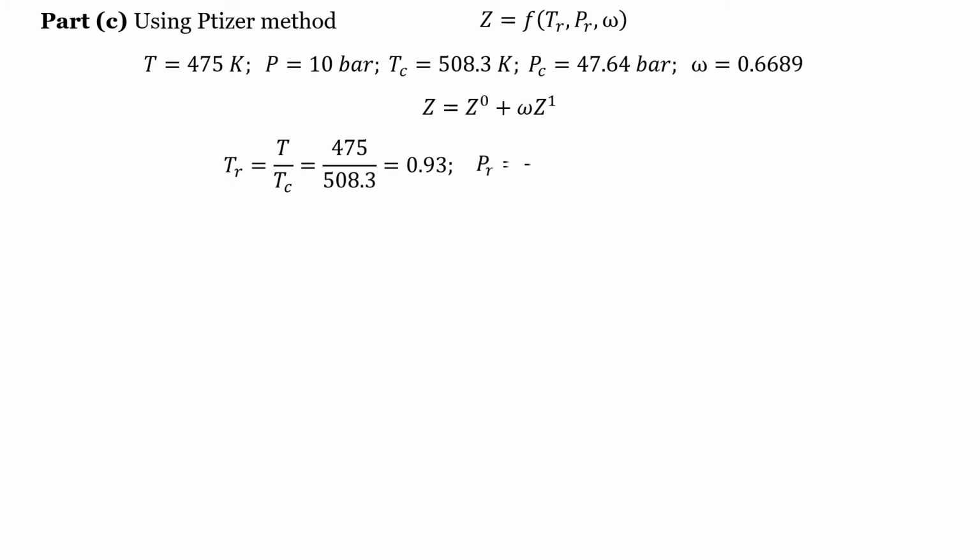Now we can also estimate the reduced pressure. Reduced pressure equal to P by Pc. So P is 10 bar, Pc is 47.64 bar. Now using Tr and Pr values, we can read the chart.